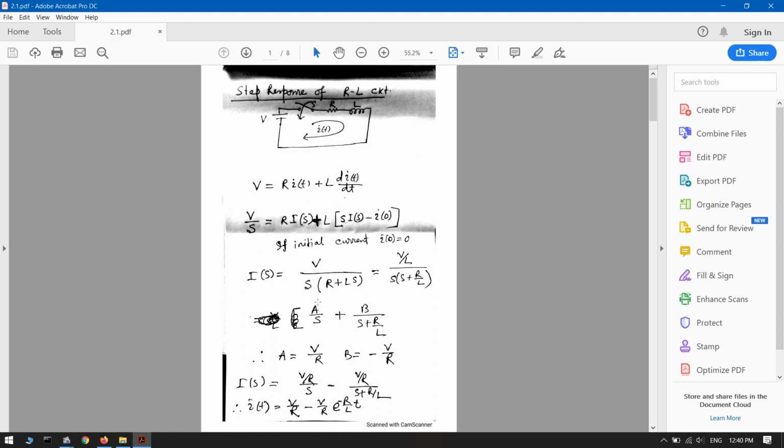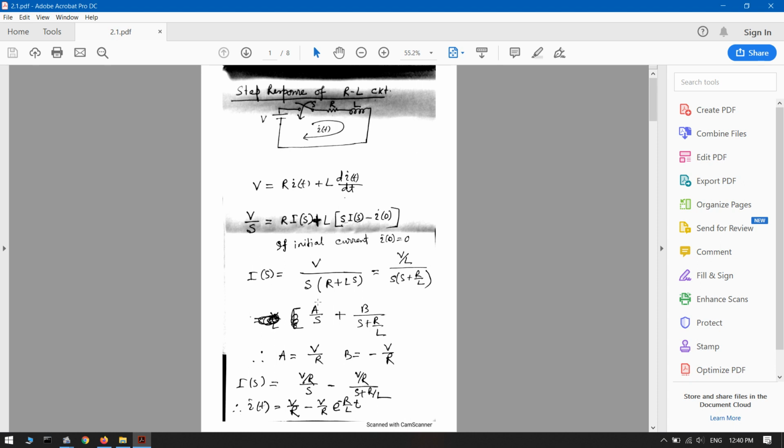And that may be written as V by L by s into s plus R by L. Again you see the denominator is of second degree, so we can go for partial fraction, that is A by s plus B by s plus R by L. Similarly, if we find the values of A and B, A will be V by R and B will be minus V by R. I think you are able to calculate the constants A and B. Do you have any confusion regarding this?